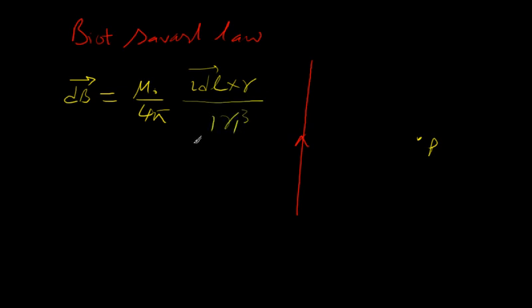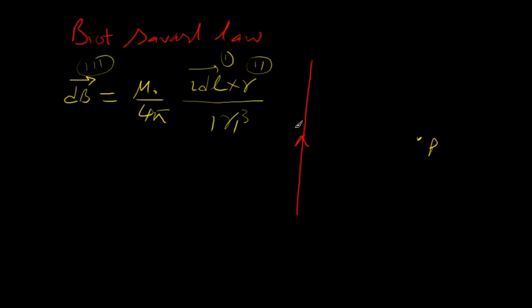This is what we have learned. The direction of the magnetic field will be given by the simple right hand rule. This is the first vector, this one is the second vector, and this one is the third vector.